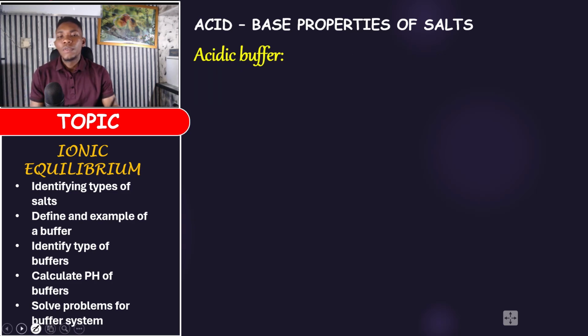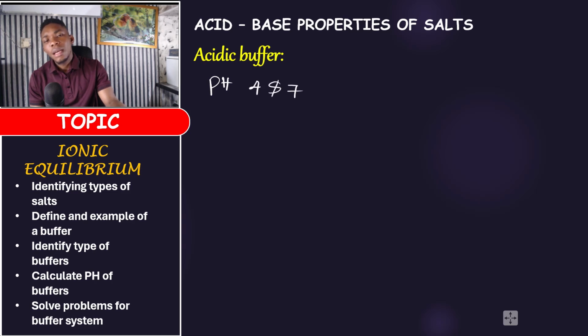Now let's take the first one, the acidic buffer. What is an acidic buffer? They are buffers whose pH is around 4 to 7. Are you getting it? In between 4 and 7.